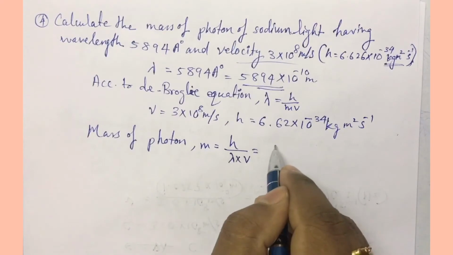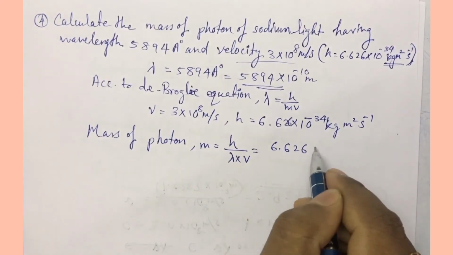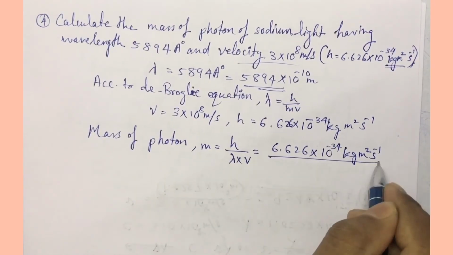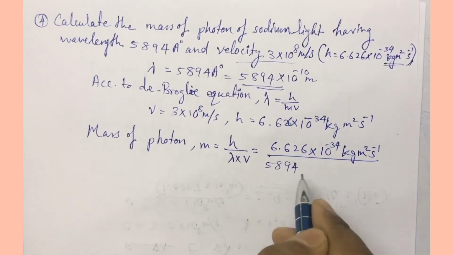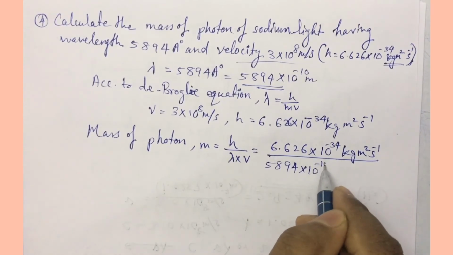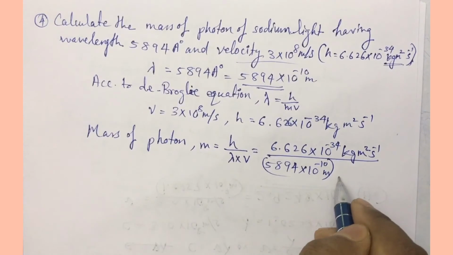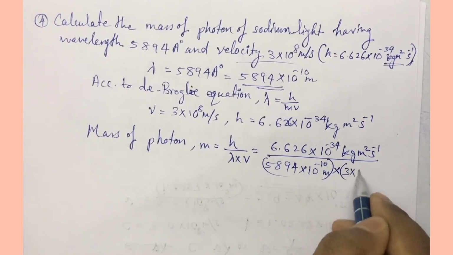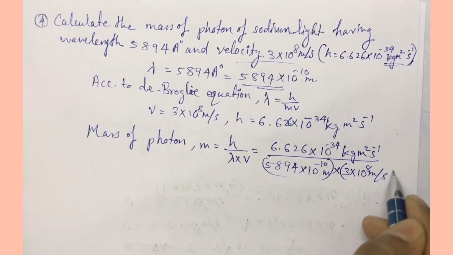h value, Planck's constant, is 6.626 into 10 raised to minus 34, divided by 5894 into 10 raised to minus 10 meter, that is the wavelength given, and v, velocity, is given as 3 into 10 raised to 8, that is the speed of light only, meter per second.